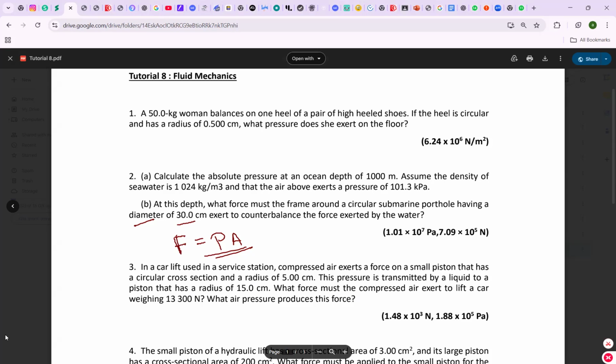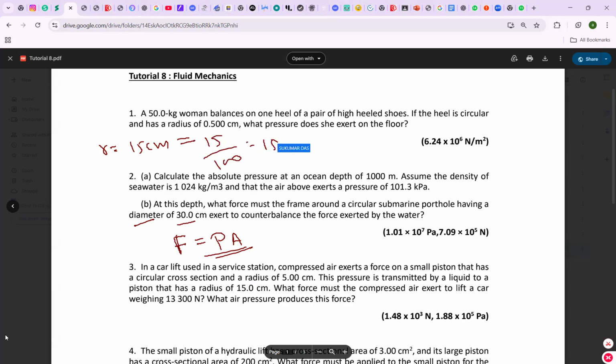Hold on. What is the problem you are facing? So basically I converted the 30 diameter to radius. Yes, that's correct. So radius is 15 centimeter. Do I have to convert it to meter? Yes. 15 by 100.